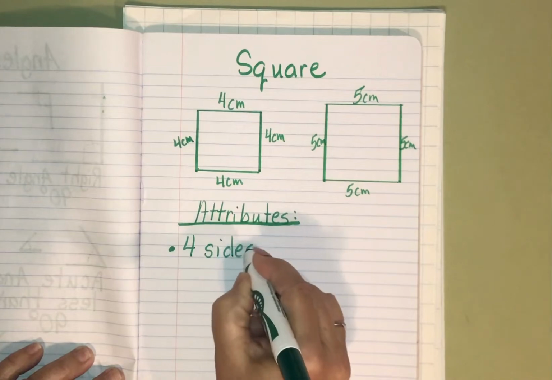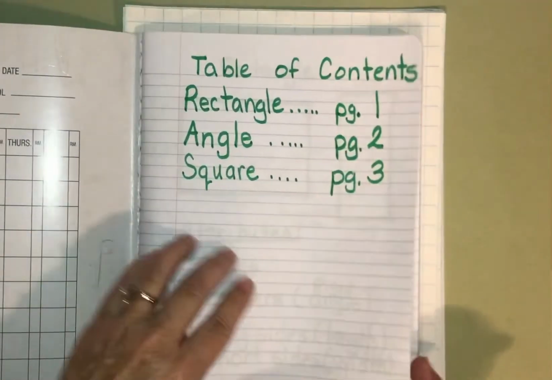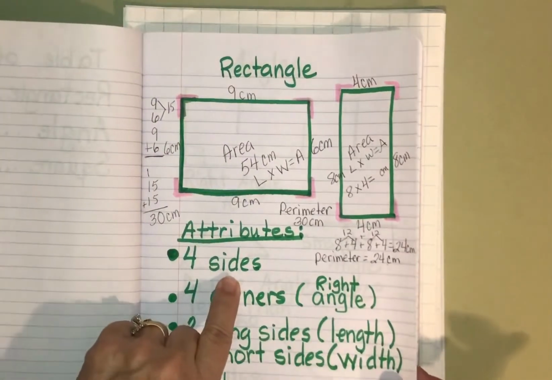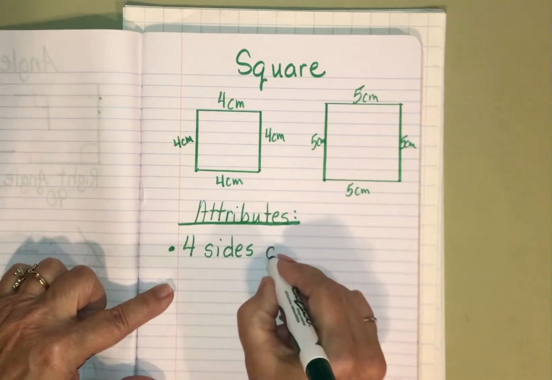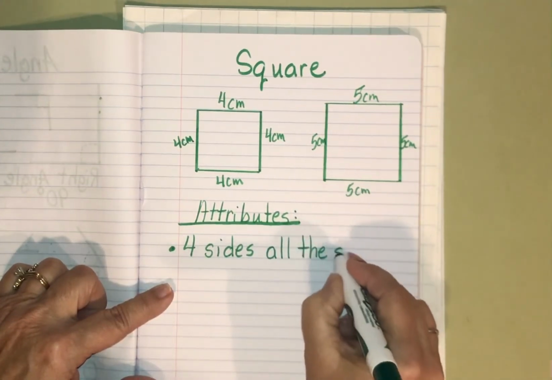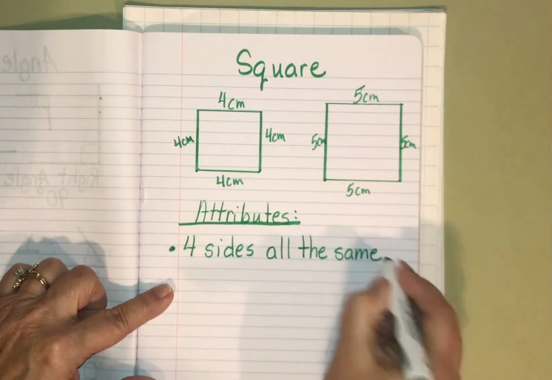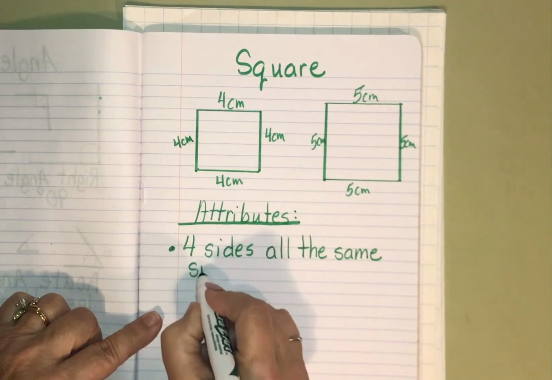The thing that's different between the rectangle and a square, the rectangle also has 4 sides, but a square has 4 sides that are all the same. Okay, they're equal. They're all the same size.